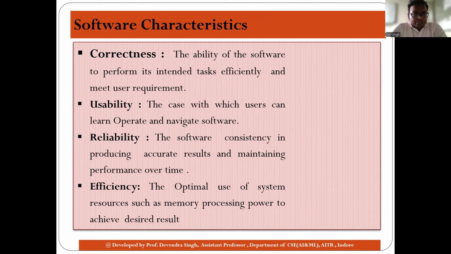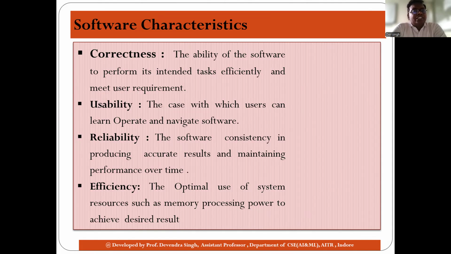Then usability, the ease with which users can learn, operate, and navigate the software. The software should operate easily, not be very complex. For example, a DSLR camera is very complex to use, but a mobile camera is easy to use.